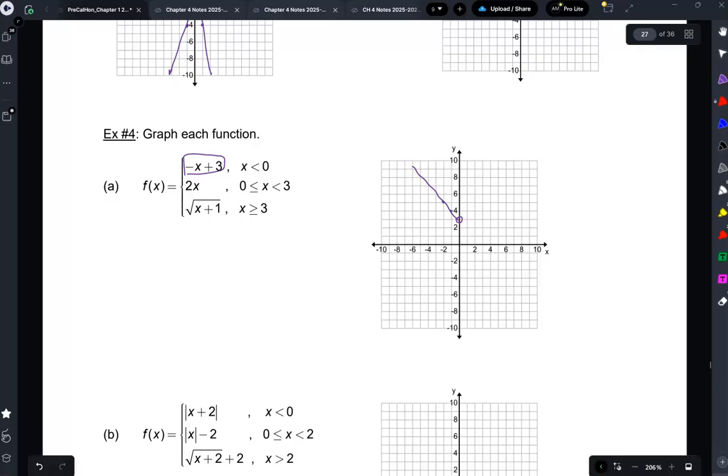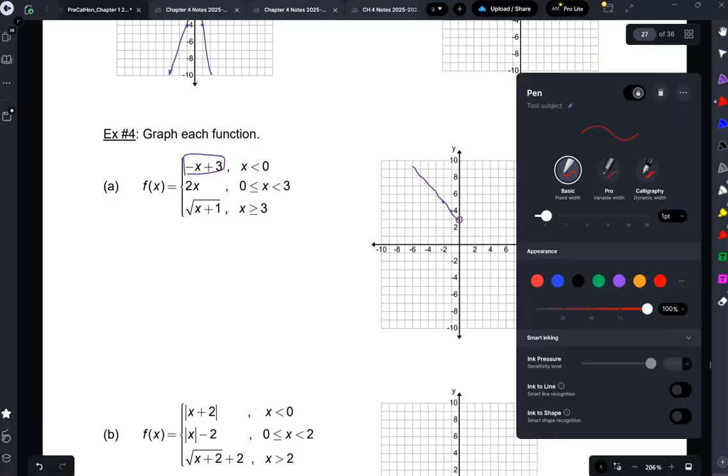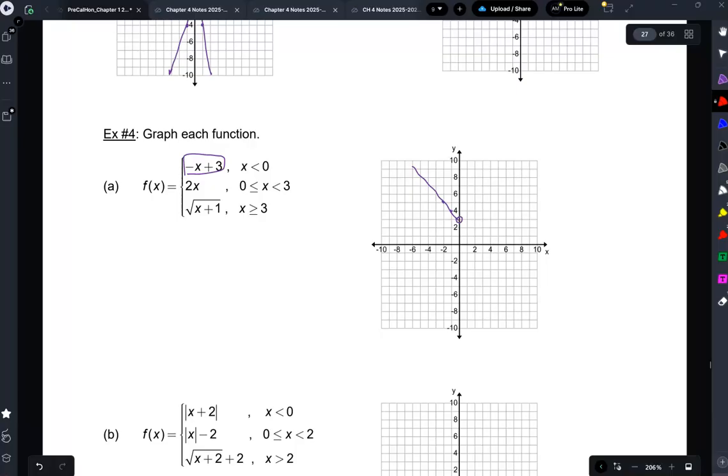And then the next one is, again, 2x. So the first boundary is 0. Closed, I get 0. The next boundary is 3. I get 6. Open. And then it's a square root, right? The first boundary is 3. So what would the first y value be? 2.